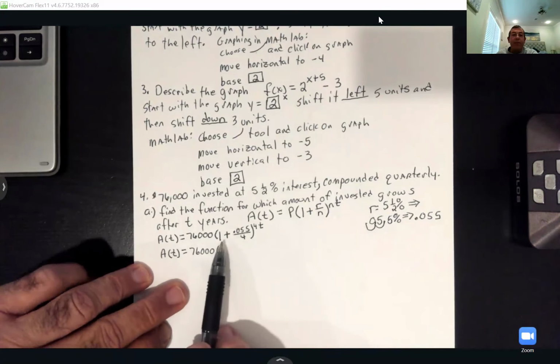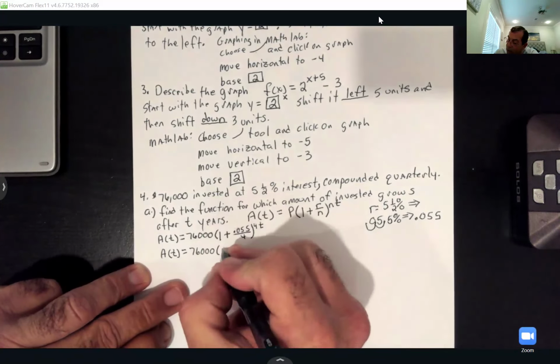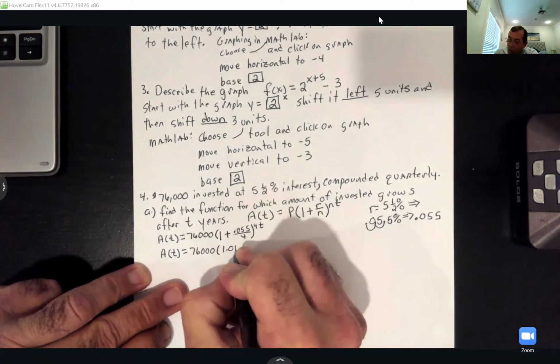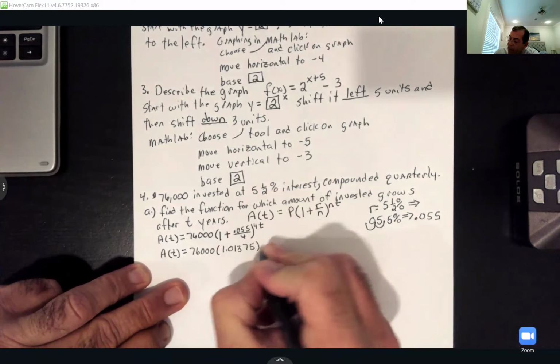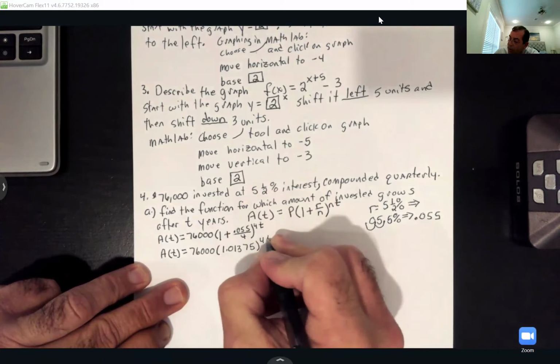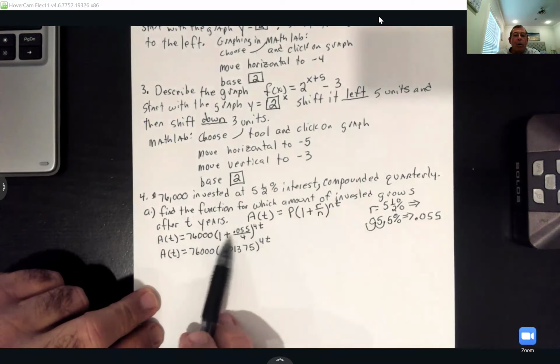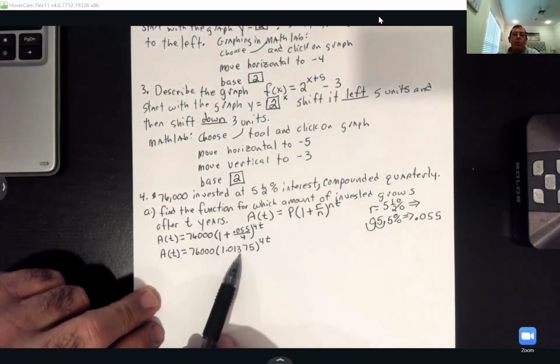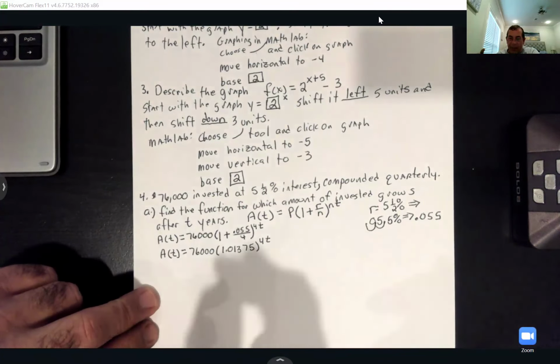On the calculator, if you do 1 plus 0.055 divided by 4, that's going to give you 1.01375, and then my 4t. This is what MathLab wants. It wants you to figure out the 1.01375 that you get from that. It now considers this the simple form, okay?